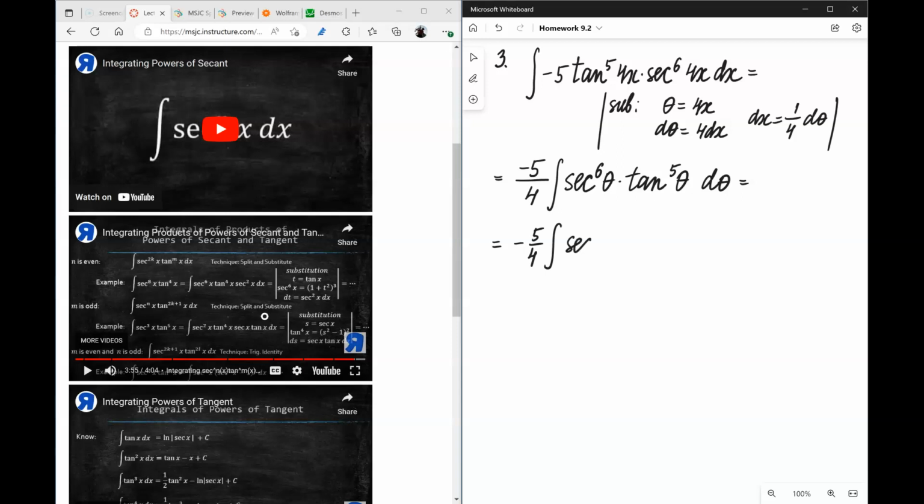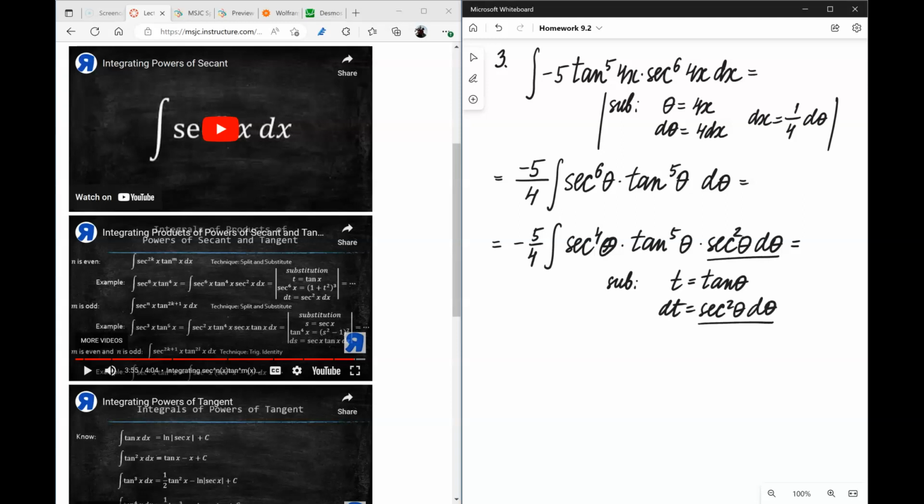Instead of secant to the power of 6, we're going to write secant to the power of 4 theta times tangent to the power of 5 theta, and we have secant squared theta here, d theta. And now we're going to do the substitution. The substitution is t is equal to tangent theta, meaning that dt is equal to secant squared theta d theta, which takes care of this.